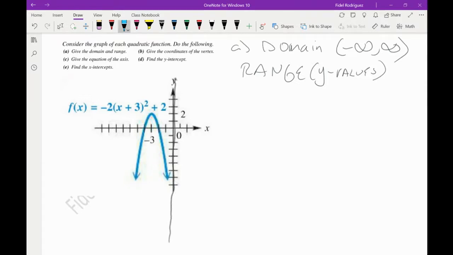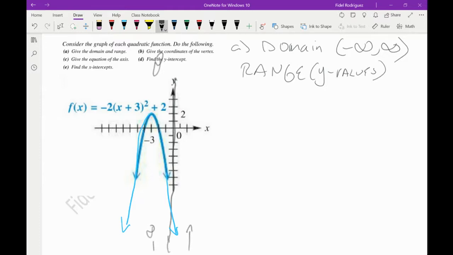The first thing I want y'all to notice, if you look at this graph, do you see how we have those down arrows? Those down arrows mean that graph goes down forever and never stops, okay? So when I do my range, I'm always going to start from the bottom going up. All the way down here, y'all, we have -infinity, and all the way up here at the top, we have positive infinity.